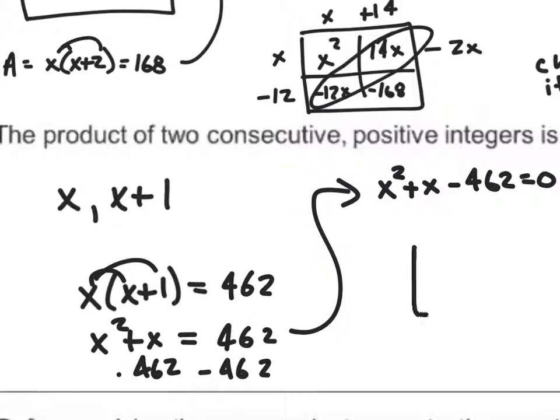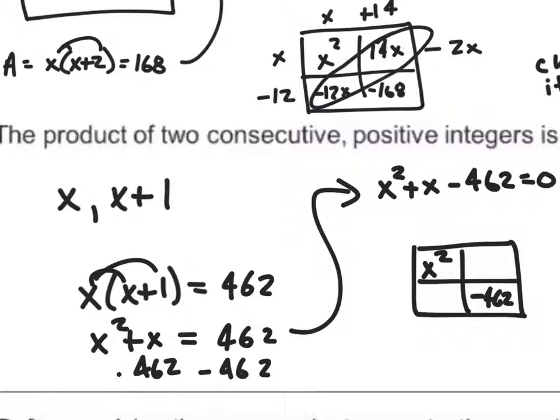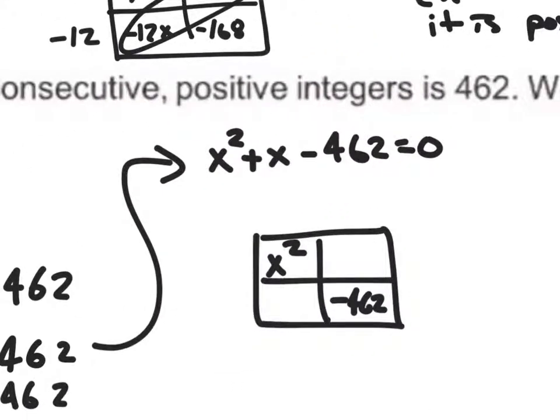So I can solve this equation for x, and I can set x squared in this box, negative 462 in this box. x and x is going to go here, but I need two numbers that are going to multiply to negative 462 but add to 1. And so that's going to be a positive 22 and a negative 21.